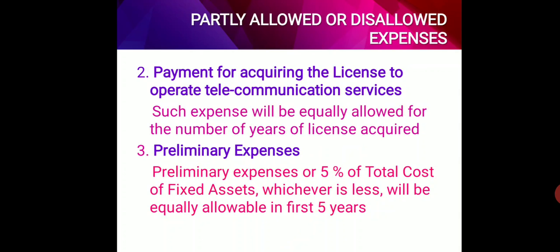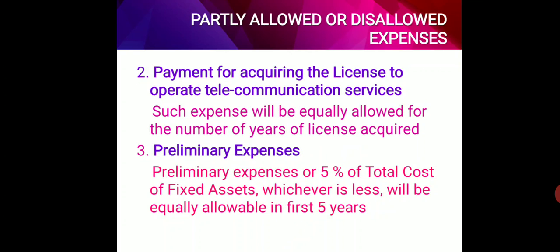Next is payment for acquiring the license to operate telecommunication services. This expense is equally allowed for the number of years of license acquired. So if the license is acquired for 5 years, these will be deductible 1/5 every year for 5 years. If the license is acquired for 10 years, these will be equally deductible for 10 years, that is 1/10.